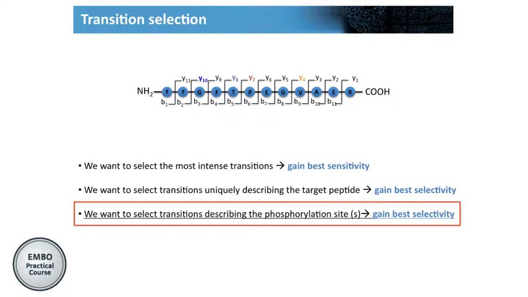So we are not only looking at transitions that are always the most intense, but sometimes we might select a certain transition that is not the most intense one, but maybe it is very useful for the localization of the site. And these things we always need to keep in mind, especially when we're doing SRM and we want to select the transitions beforehand, or if we're doing data-independent acquisition when we extract our transitions.